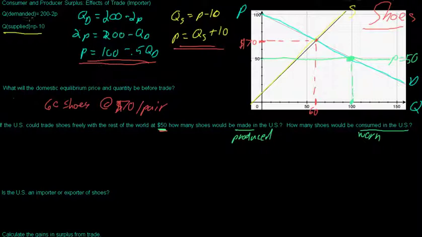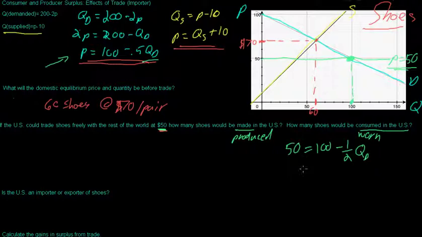So let's go ahead and show how to do this algebraically. We are going to take P equal to 50 and plug that into here and solve for Q. So we have 50 is equal to 100 minus 1/2 times Q sub D, quantity demanded.